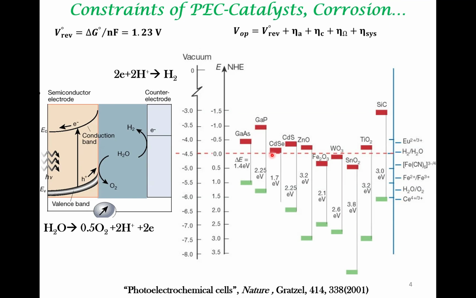Let's move on. The next constraint is the constraints on catalysis. Okay, so this is not an easy reaction. As opposed to this reaction, where you have bare proton or hydrated proton in the solution, hydrated proton combining with electron to form hydrogen is not that challenging a reaction.